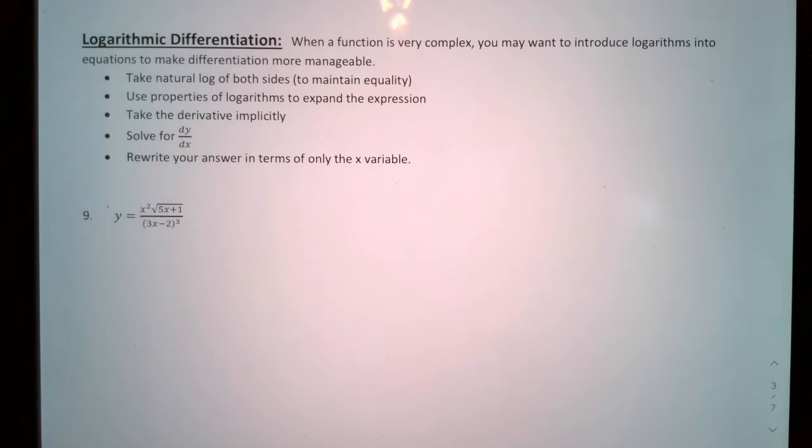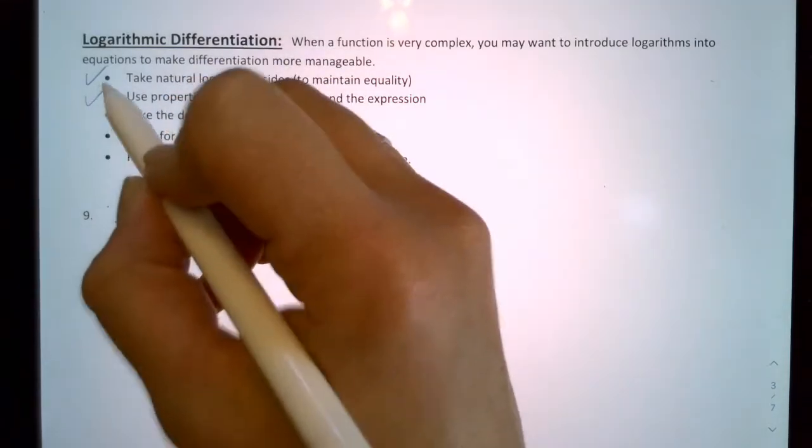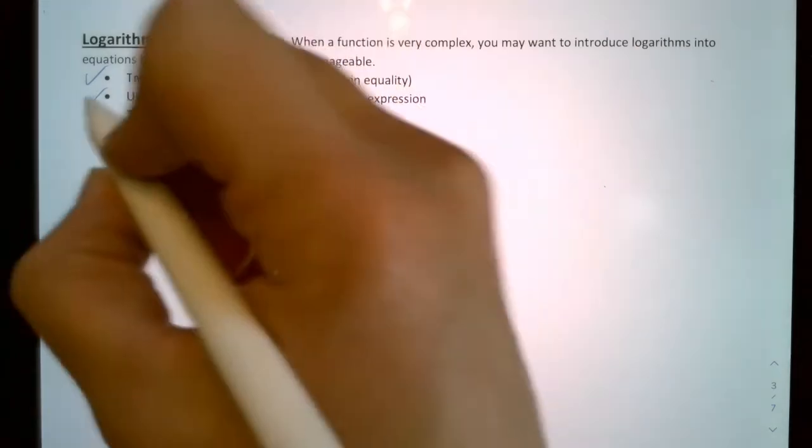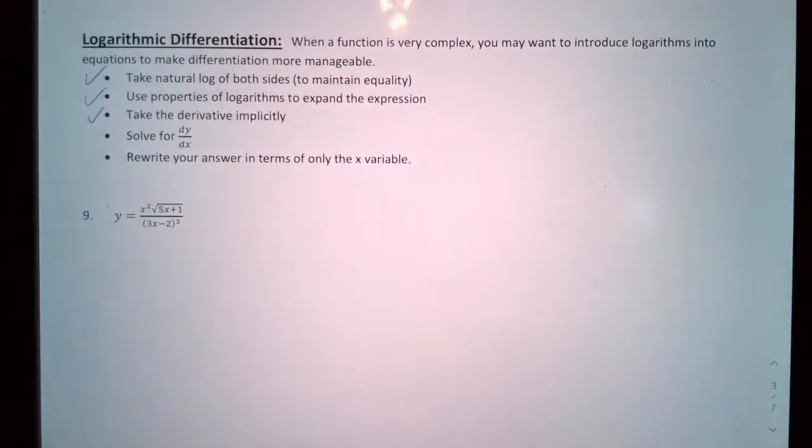It is much more efficient if you say, you know what, let's take the natural log of both sides so that I can use the properties of logarithms to break them down into smaller pieces, little expressions. I'm going to take the derivative implicitly, hence why we talked about implicit differentiation in that last video.